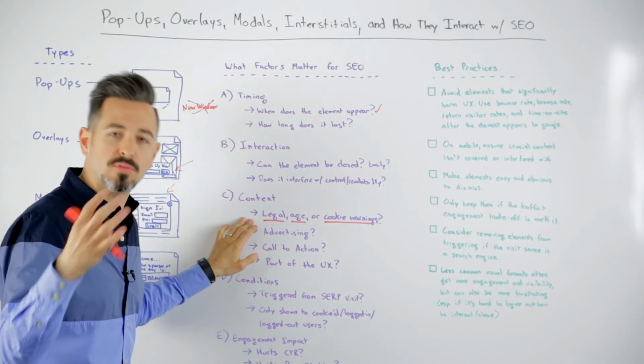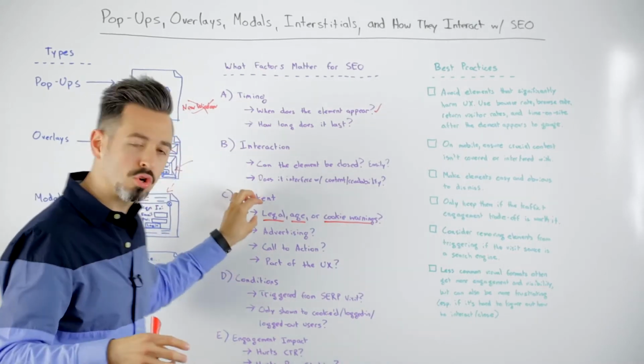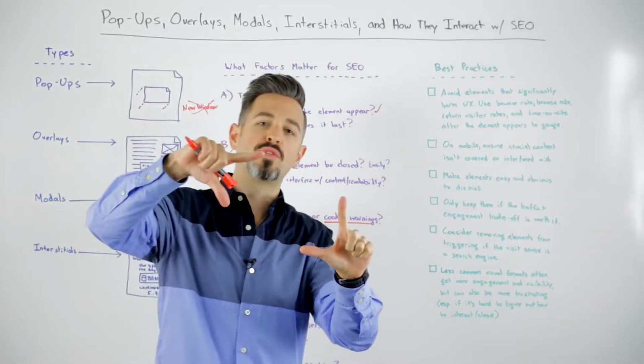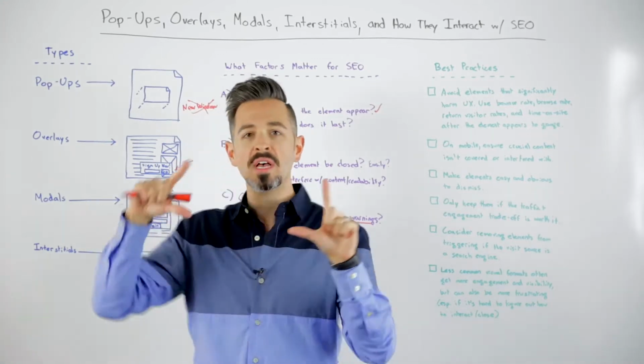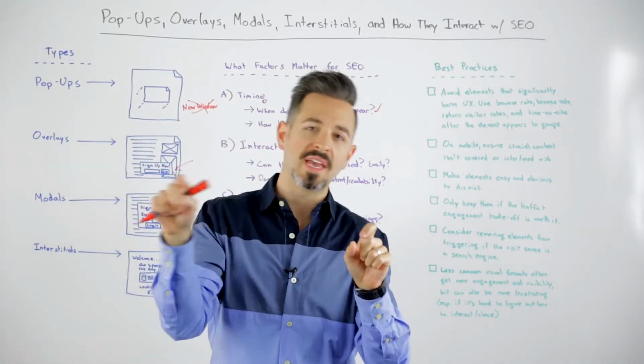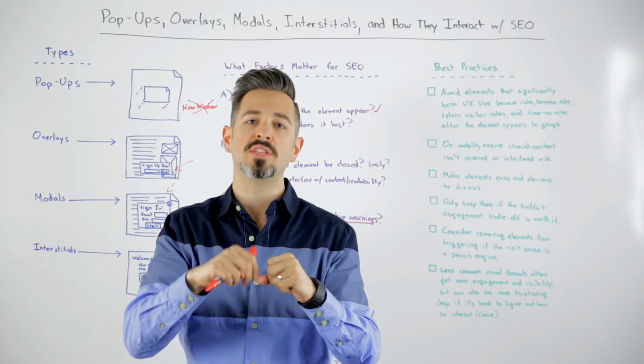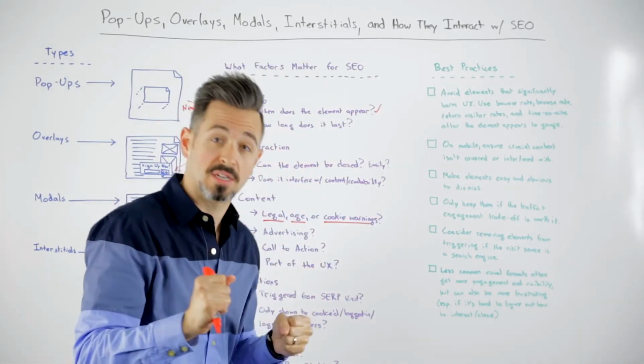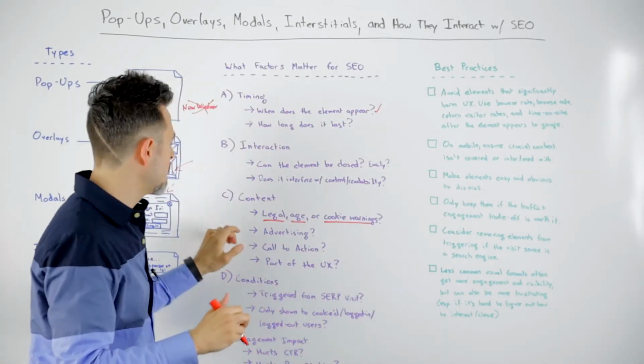That actually gets around Google's issues. So Google will not give you a hard time if you have an overlay, interstitial, or a modal that says, are you of legal drinking age in your country? Enter your birth date to continue. They will not necessarily penalize those types of things.